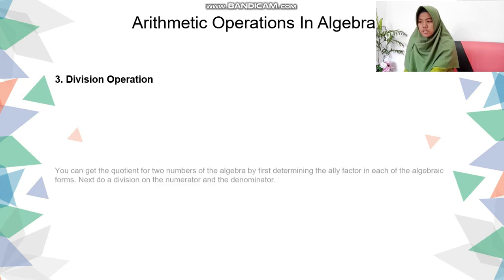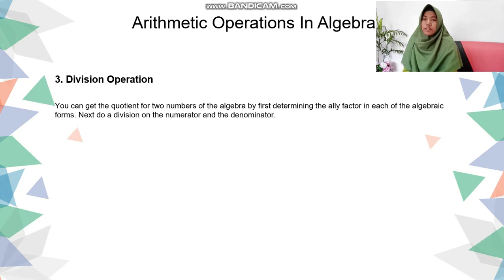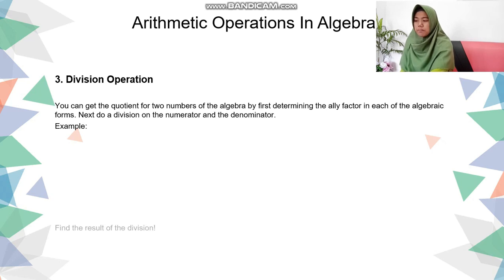Division operation. You can get the quotient for two numbers of the algebra by first determining the LCM factor in each of the algebraic forms. Next, do a division on the numerator and denominator. The examples are: find the result of the division.